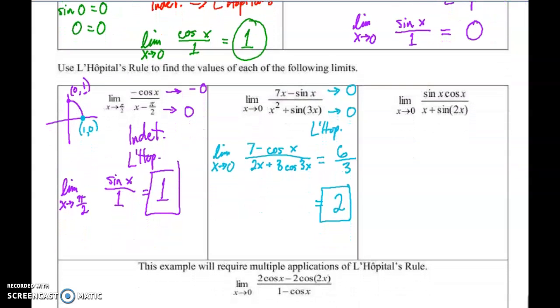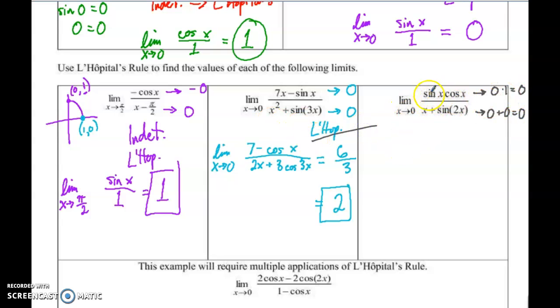Now, embedded within these problems could potentially be another rule, like doing the product rule or the quotient rule. Because as I look at this, if you were to do the top, plugging in 0, 0 times 1, which is still 0, and in the bottom you have 0 plus 0, which is still 0. 0 over 0, L'Hopital's.